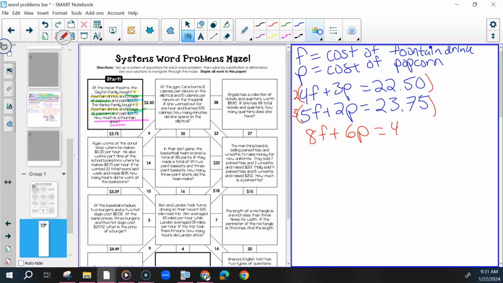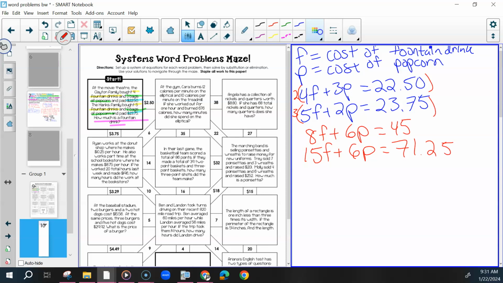What is that, 45? And I'm doing quick math. Okay. Double check. Yes. Thank you. And 3 times 23.75, 71.25.